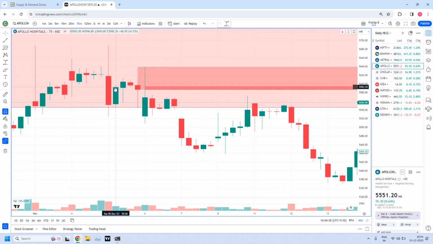We have a rally candle, 3 base candles, and then a drop candle. Even though this looks like a rally candle, it is a drop candle, because prices from here went down and after that recovered. So basically it is an ERC candle.